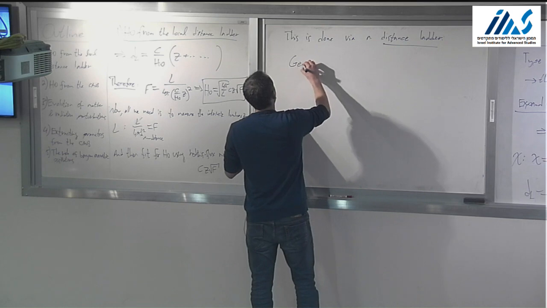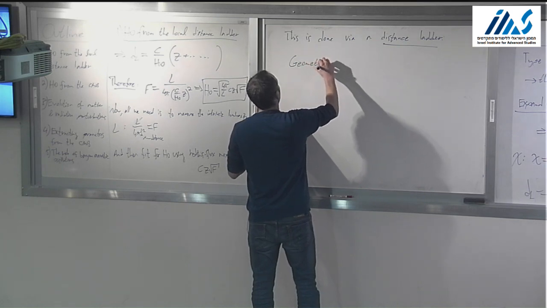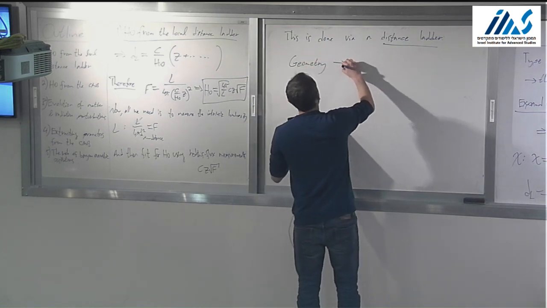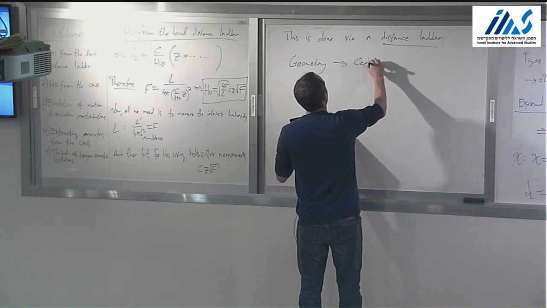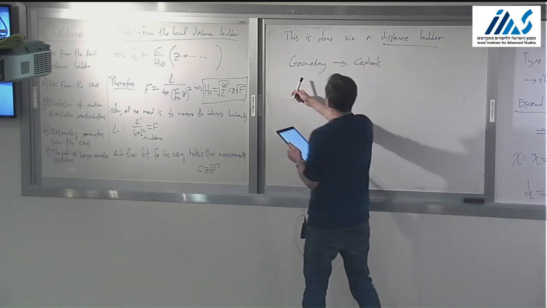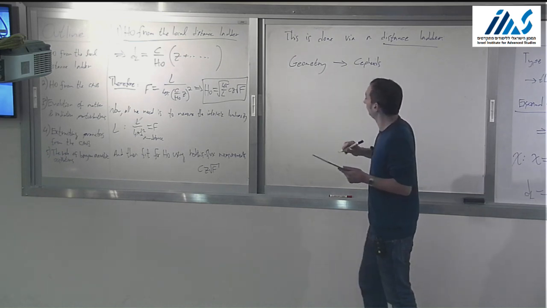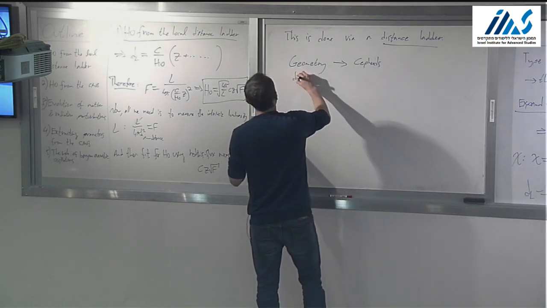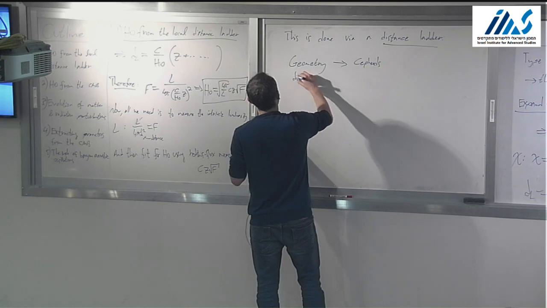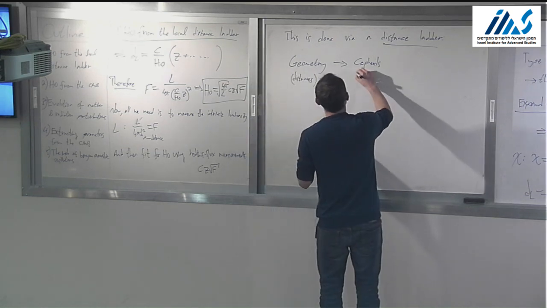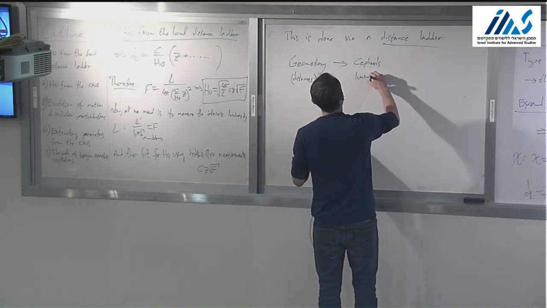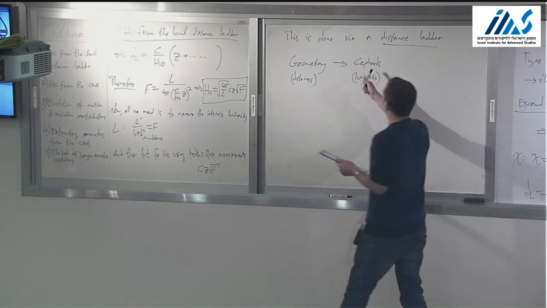We have to calibrate. So what we do is we use a series of relations. First, we measure a correlation between geometry or distances, real physical distances, and the luminosity of some other standard candle.